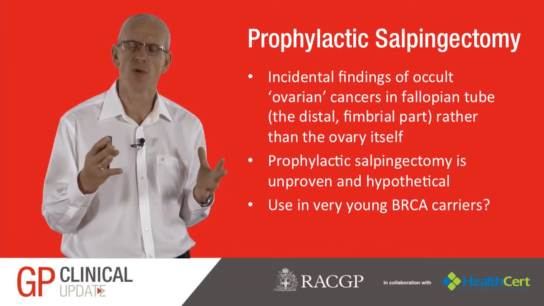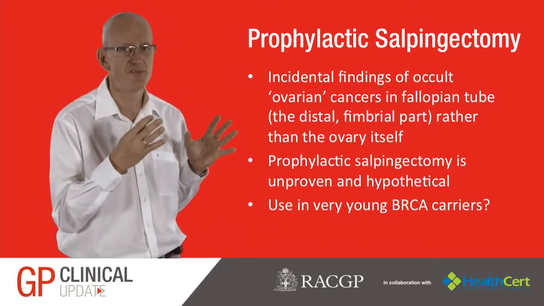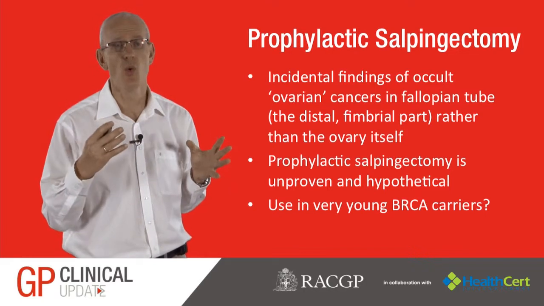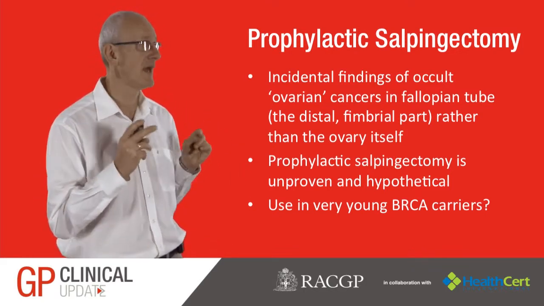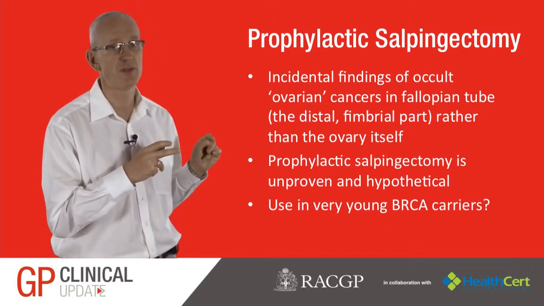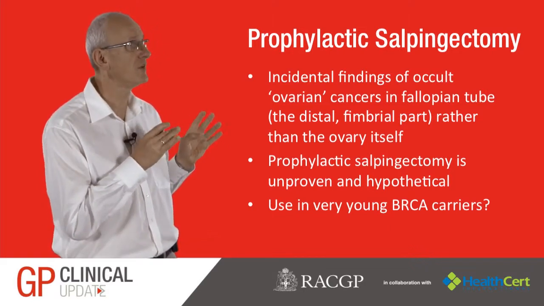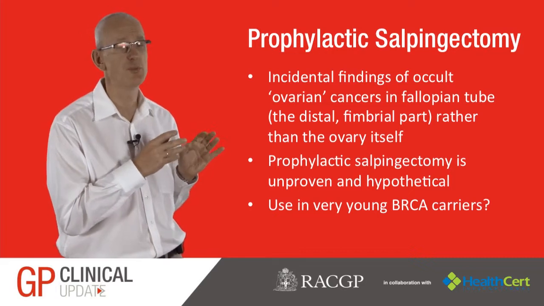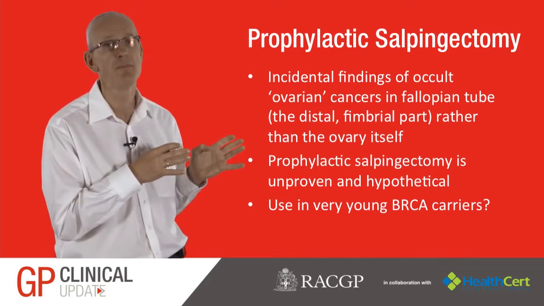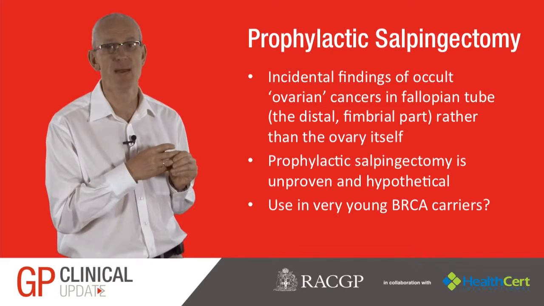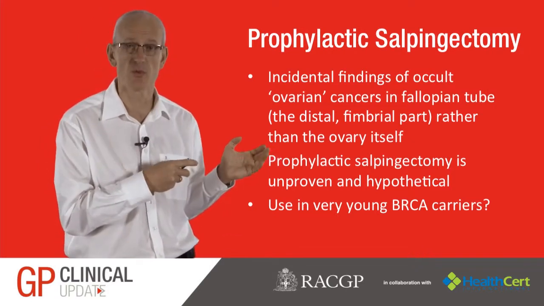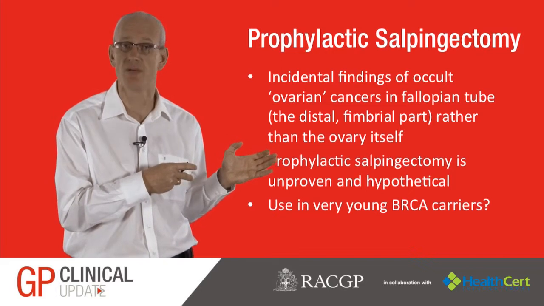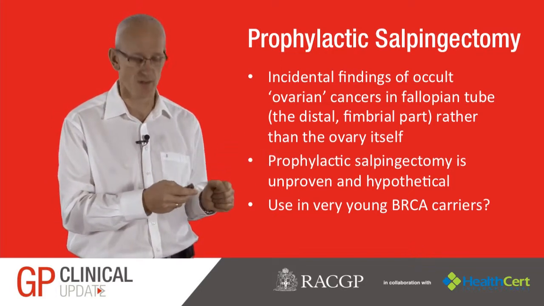Well, if we have very young patients who are at very high risk of developing ovarian cancer at young ages, one of the things we could do is remove the fallopian tubes and manage that risk that way without making them menopausal straight away. Of course, these women would require IVF if they then decided to have children.